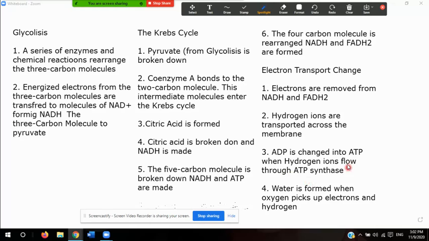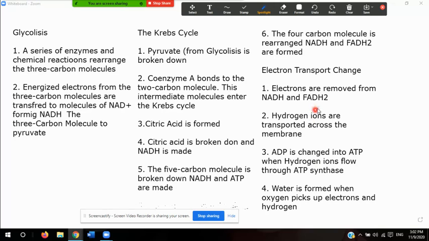In the third step, to be specific, the ADP and ATP are involved. ATP synthase is the enzyme that adds the third phosphate group to ADP to turn it into ATP.